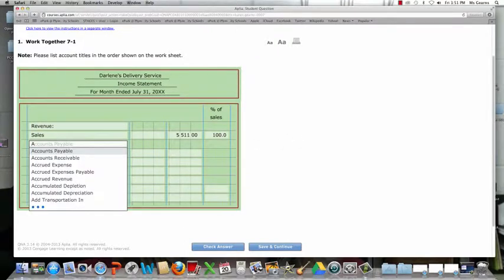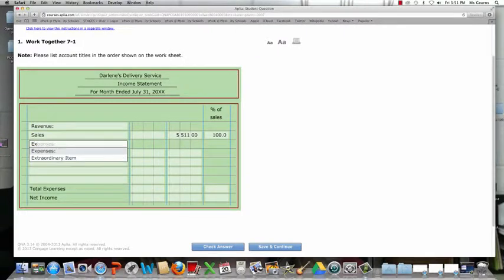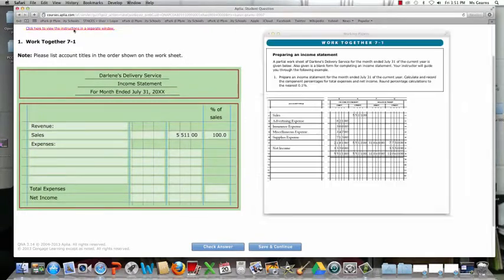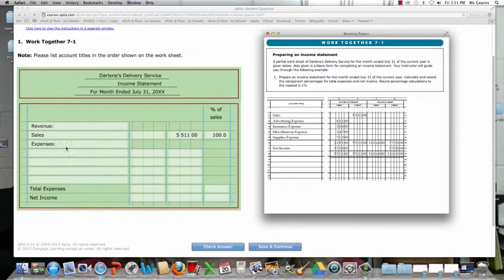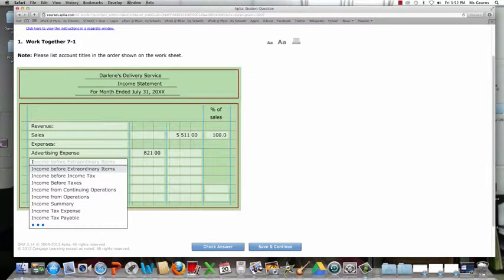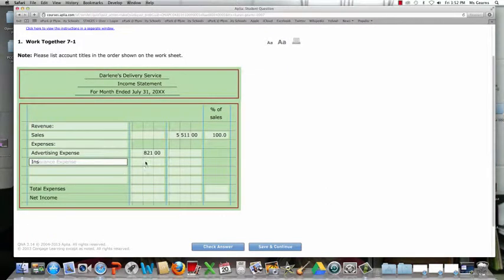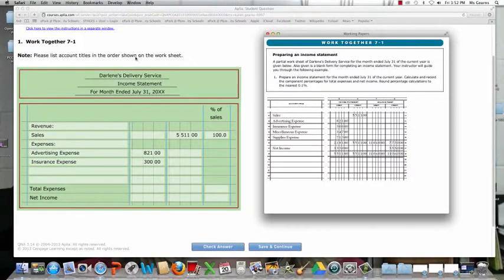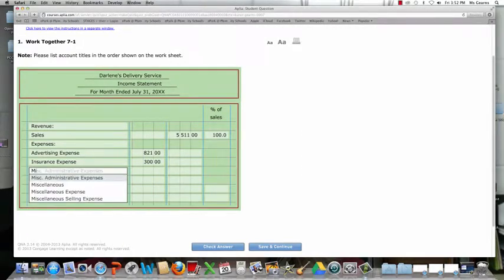Next, we're going to list our expenses. And we have advertising expense, which was $821. Insurance expense at $300. Miscellaneous expense at $347.